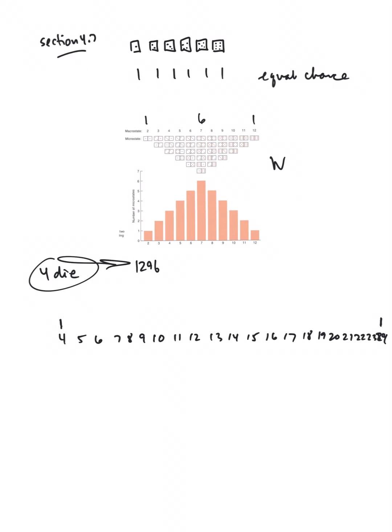And it turns out the most probable result is a total of 14. And there are 146 ways of rolling a 14.